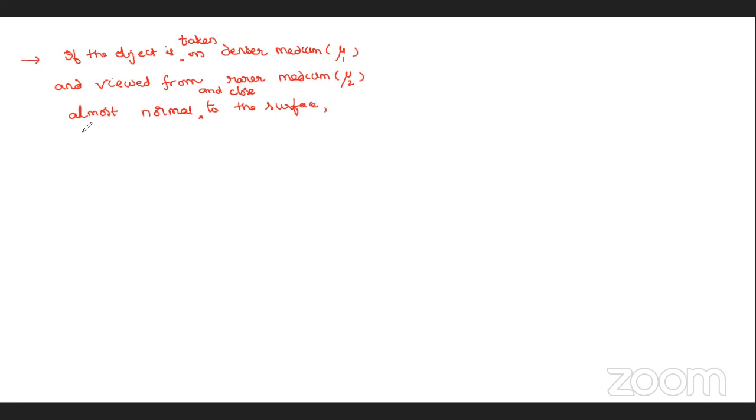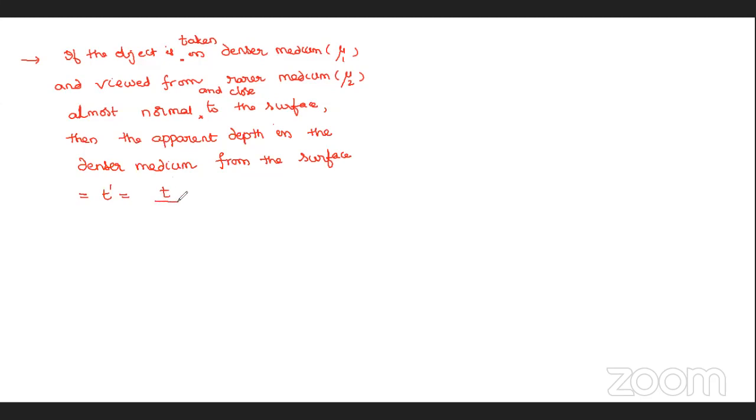Then the apparent depth in the denser medium, yesterday we got this one. Medium from the surface, not from the bottom, Nana, from the surface, is equal to t dash, that equals t by, now you tell the formula.